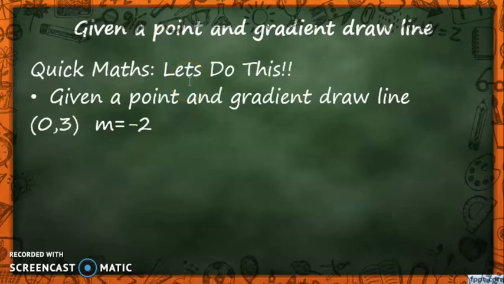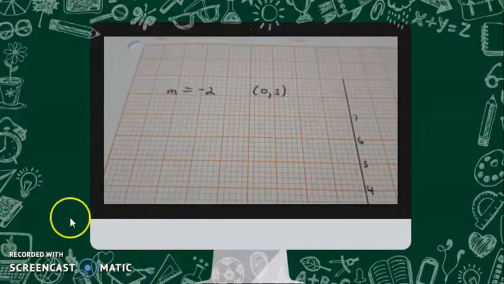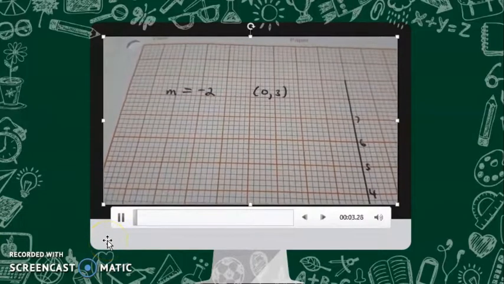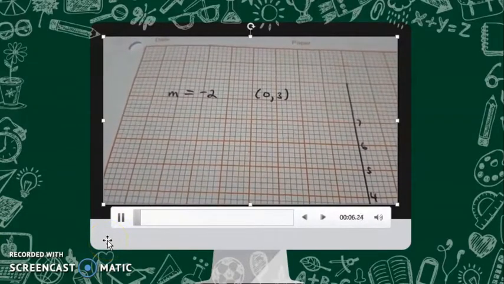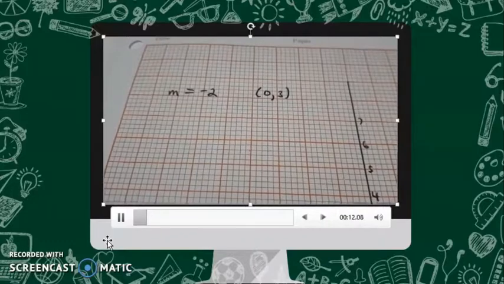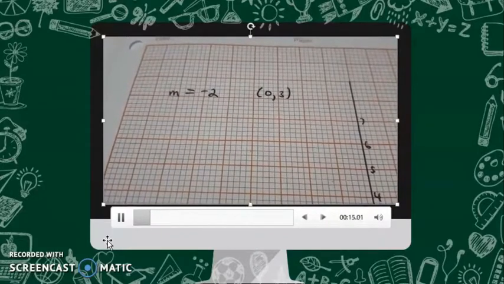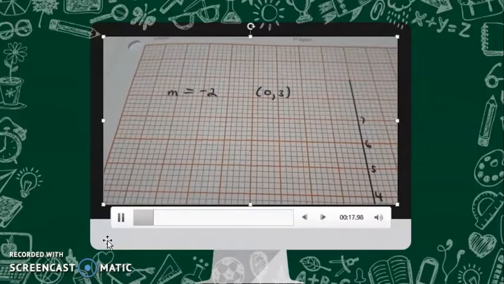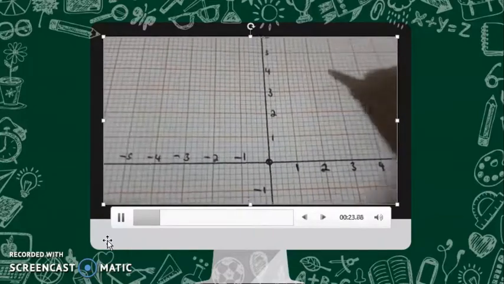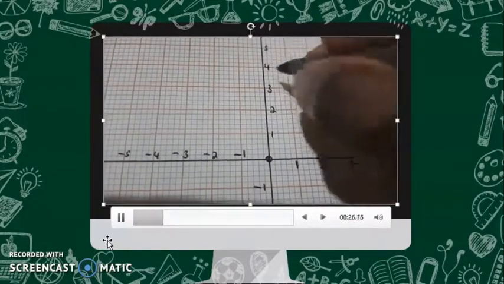Given a point and gradient, draw a line. 0, 3 is our point, and gradient is -2. So here's a video demonstrating just that. So we have our gradient -2 and a point 0, 3. So the first thing to do is very simple. Plot the point that you are given, which is 0, 3.